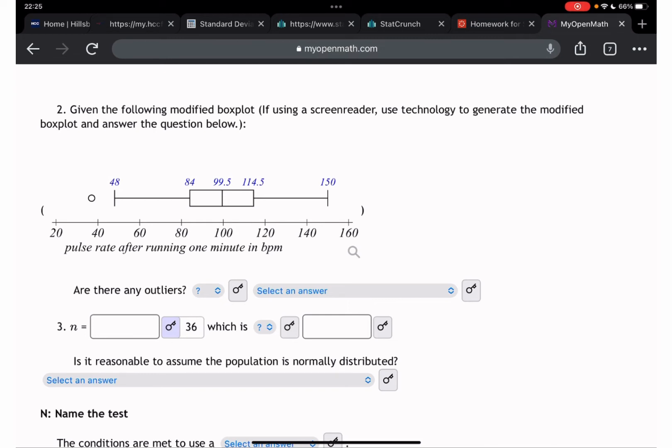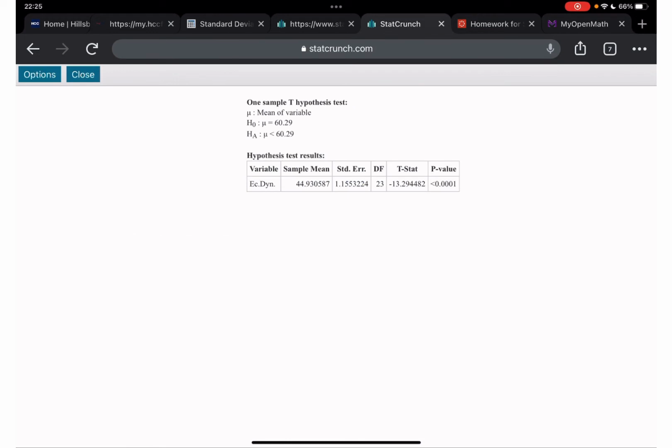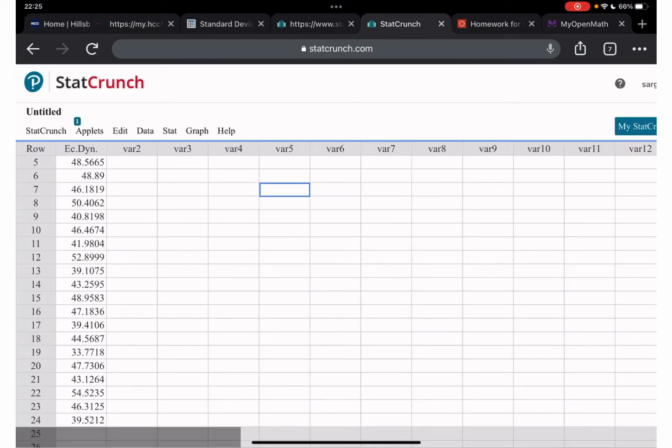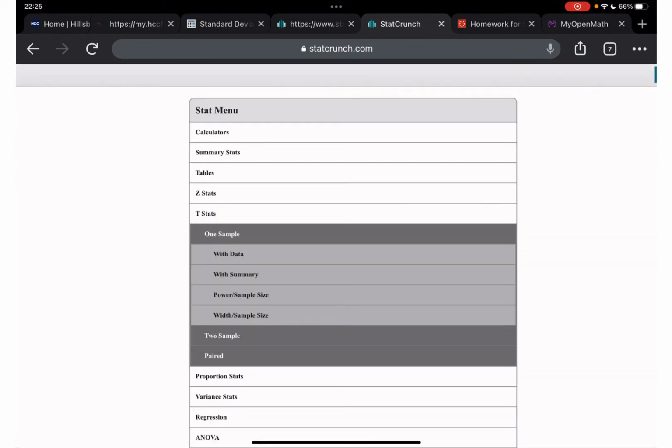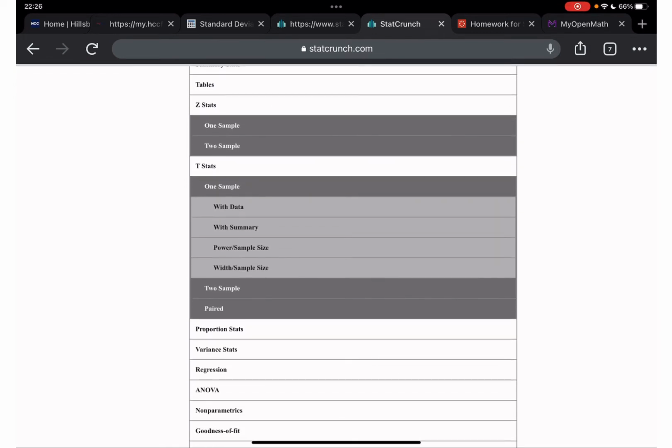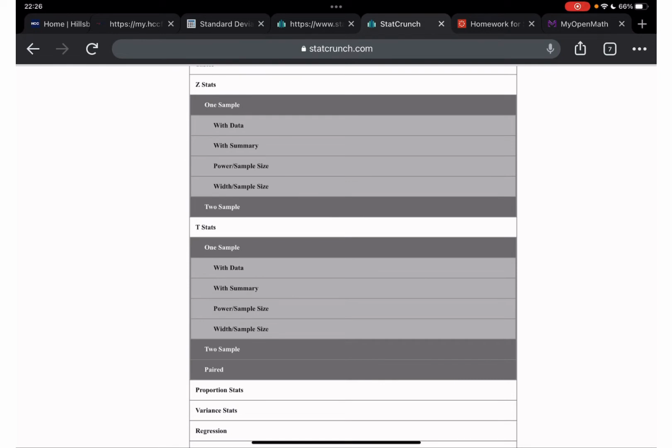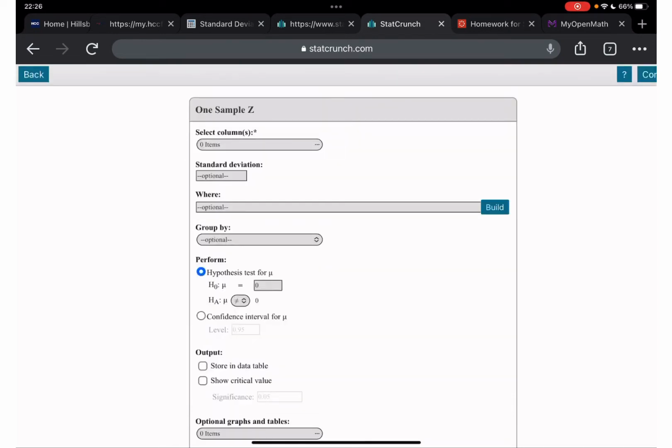But here we have 36 in this second problem. Therefore, instead of a t-test, I would choose z-stat and one sample, with data, because we are working with data.